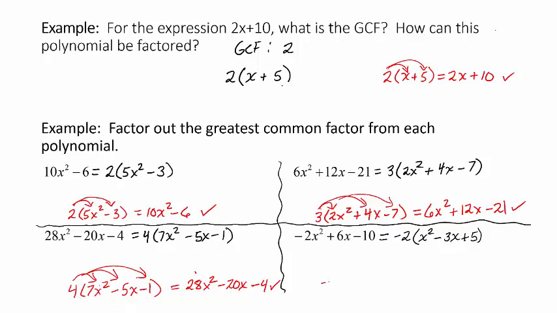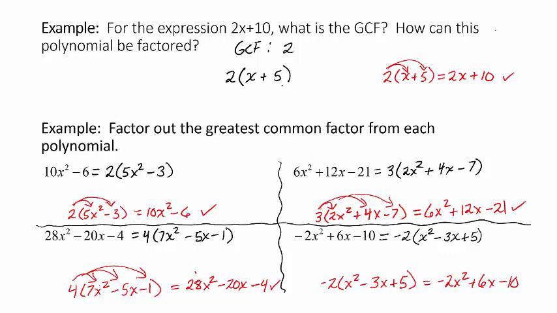All right, so let's check this. Negative 2 times x squared minus 3x plus 5. If we distribute this through, we're going to have negative 2x squared plus 6x minus 10. Okay. All right, so notice something here in this example.